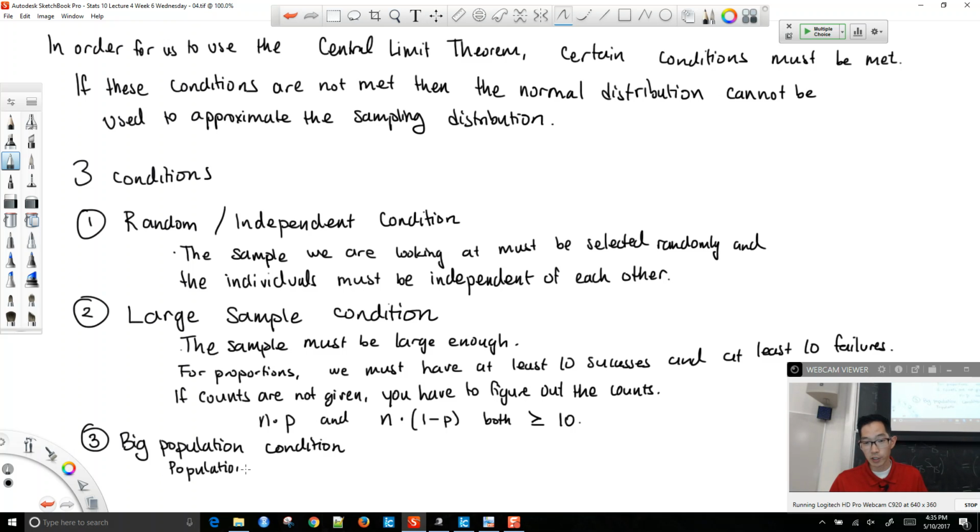In general, we say the population must be at least 10 times bigger than the sample, unless you are sampling with replacement.